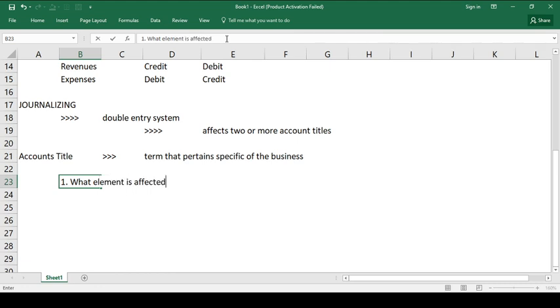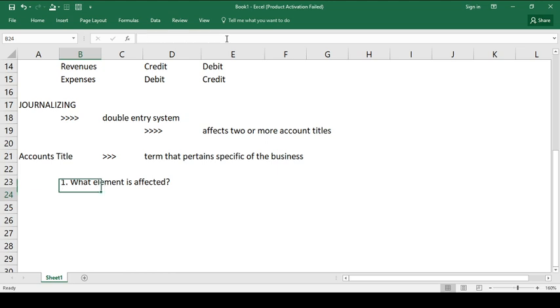Titignan mo sa transaction, ano pong element ang naapektuhan? Is that an asset? A liability? Equity? An expense? Or a revenue? Sir, pwede po ba sa isang transaction, dalawang element? Yes, pwede yon. Pwedeng dalawang element, pwedeng tatlong element ang affected.